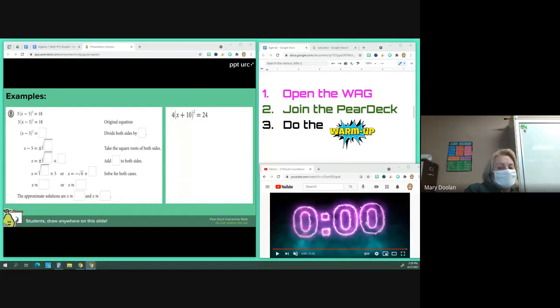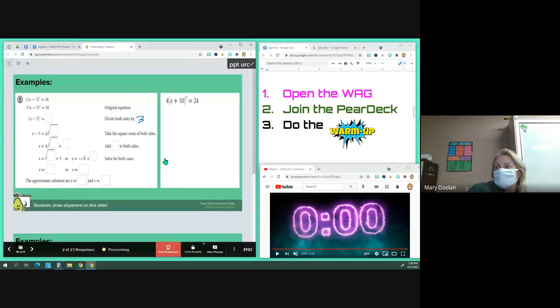You have to undo these things in a certain order. So what we want to do is get rid of the factor of 3 first. We're going to divide both sides by 3 as our first step. Divide both sides by 3.